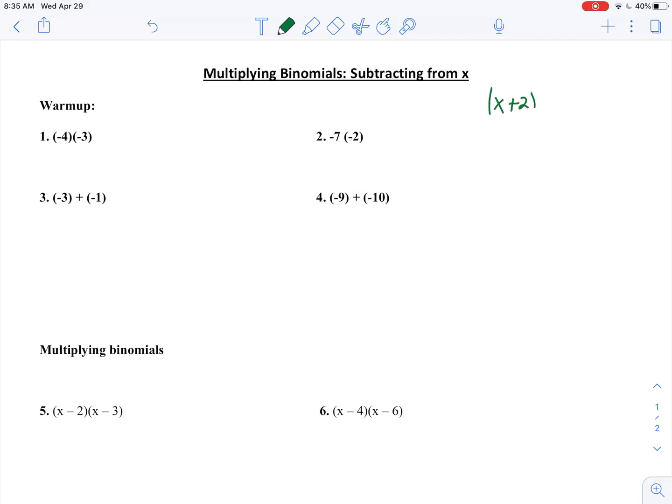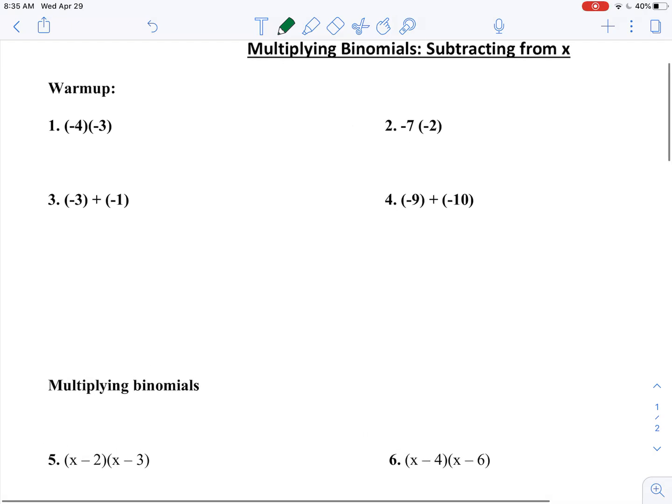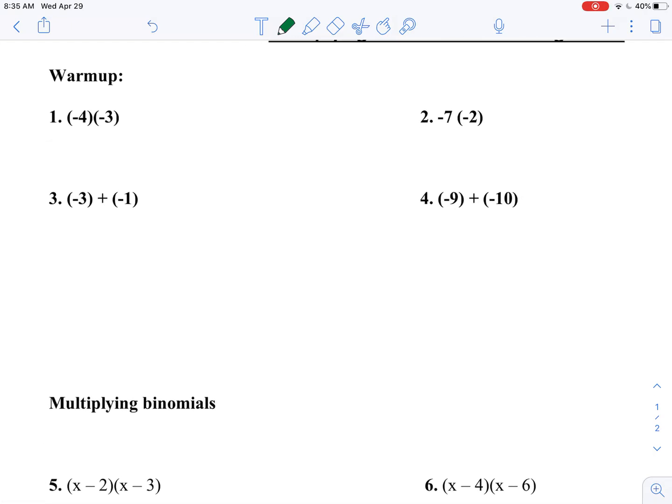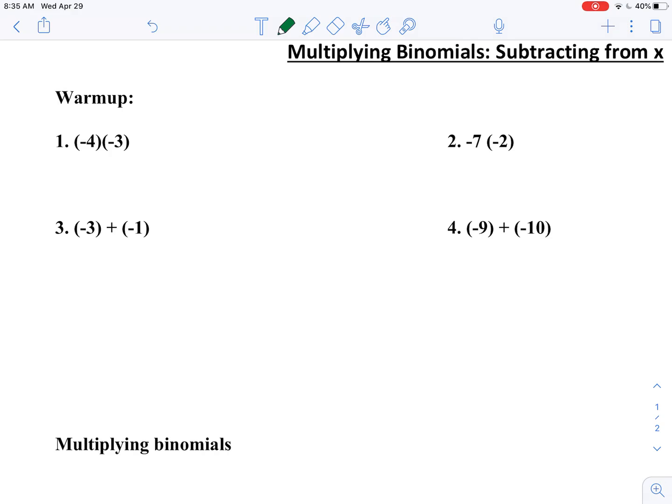We do x squared, first, outer: x plus 2x plus 2, where everything was positive. We did one yesterday where one of our binomials was x plus something, and the other was x minus something. Today we're going to do just subtracting.